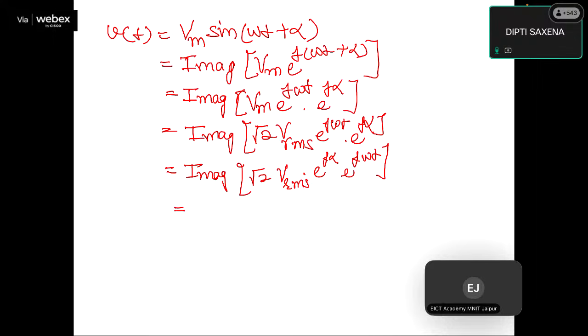This will be equal to the imaginary part of Vrms e raised to the power j alpha into e raised to the power j omega t into root 2.